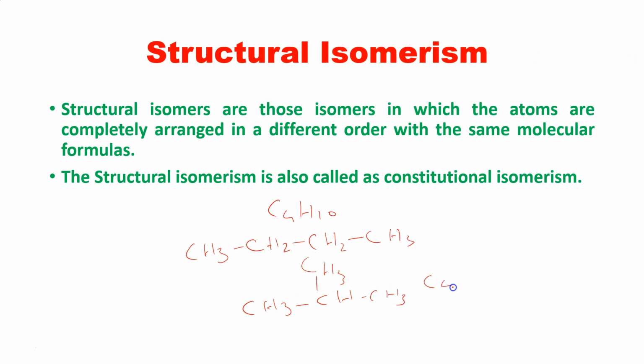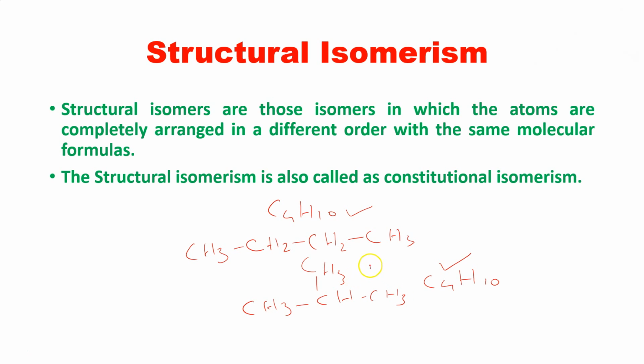This isobutane also has the molecular formula C4H10. The only difference is the arrangement of the carbon skeleton, and the molecular formula is the same. Definitely when the structure differs, the properties will also be different, right? So that is why it is said that physical and chemical properties are different.